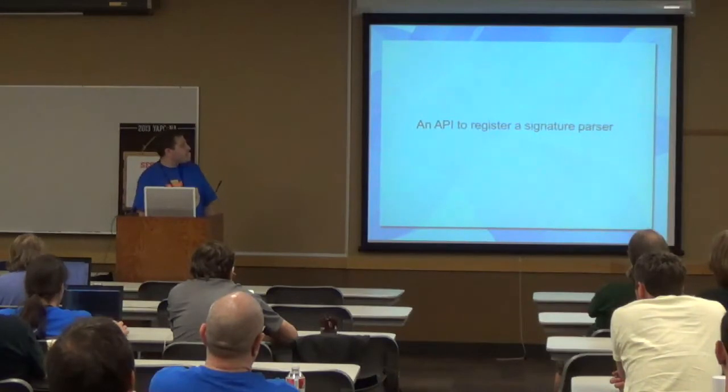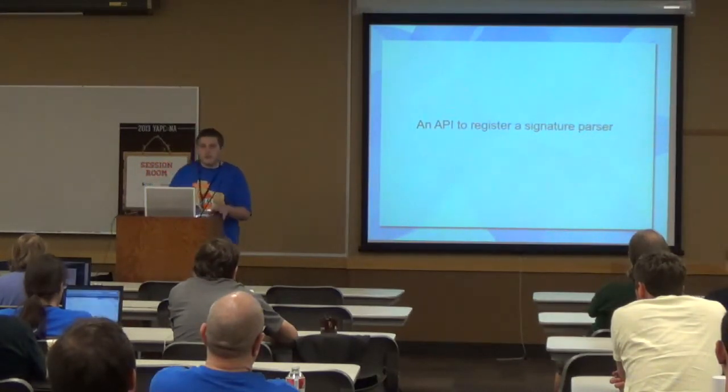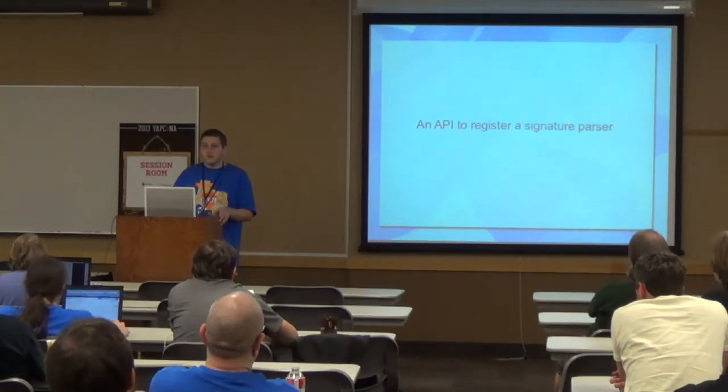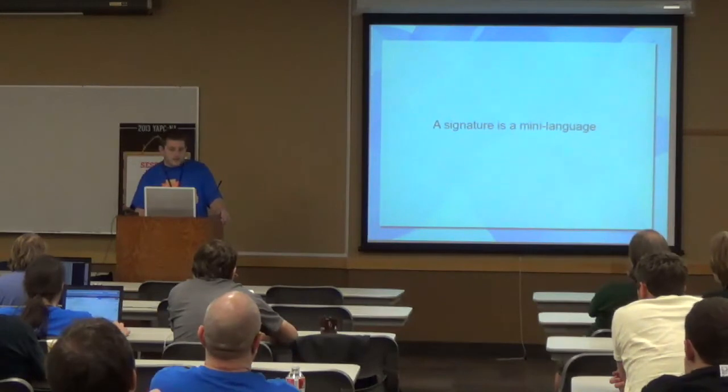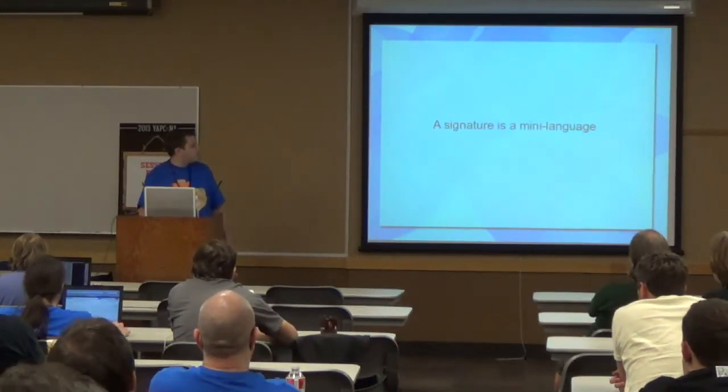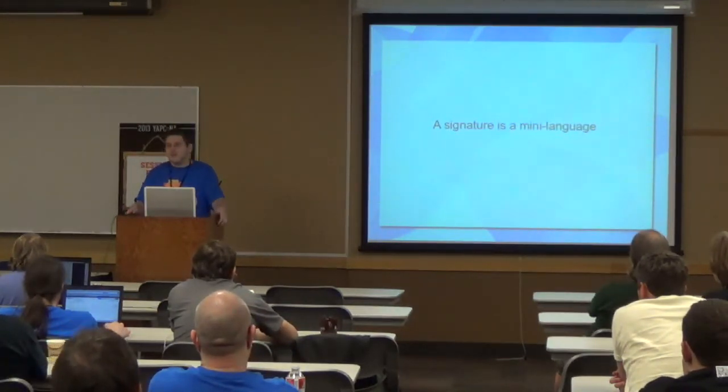An API to register a parser, same reason. Data structures we want to be able to change. Functions are a lot easier to maintain than data structures. And this gets back to the example I had with a single quoted closing parens inside of a signature.